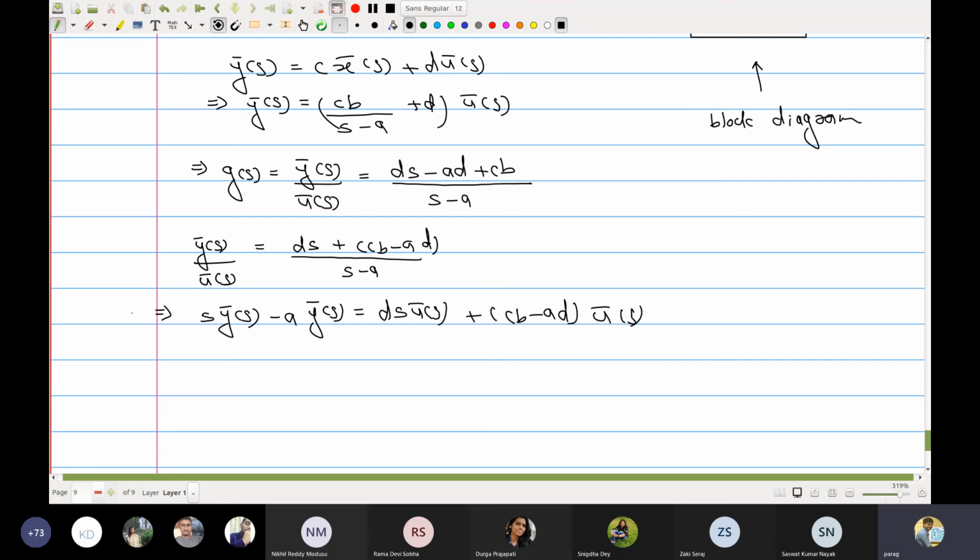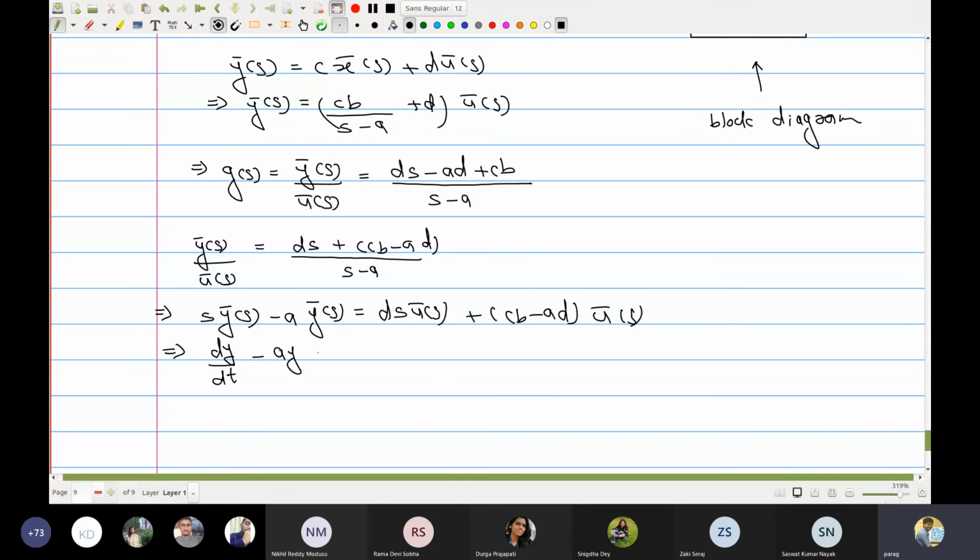Now you see here, s y bar of s must come from dy by dt, fine, minus a y. This is very simple.